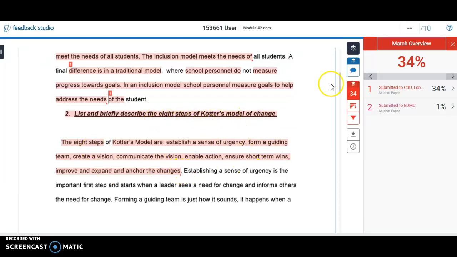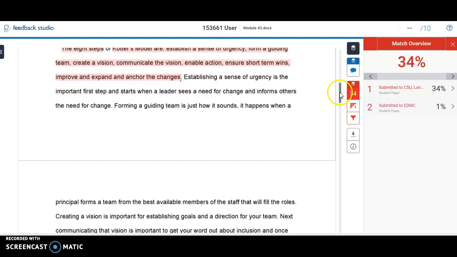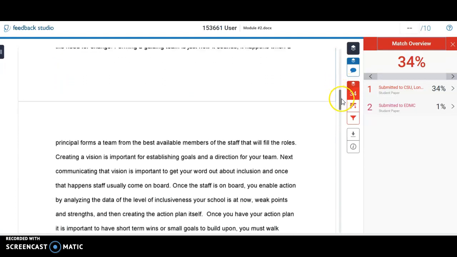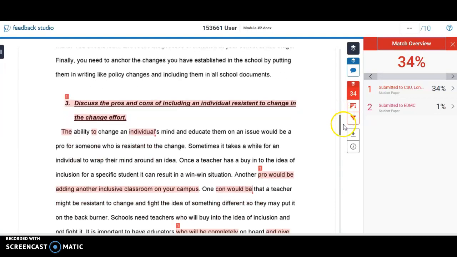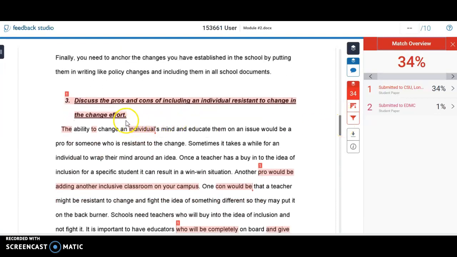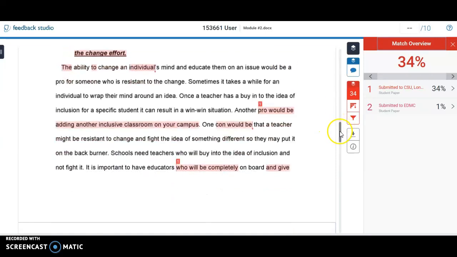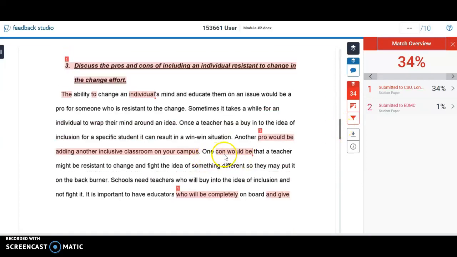Here's the 8 steps. That's the answer. Then I went and established every one of the 8 steps. Then discuss pros and cons of including an individual resistant to change. The two individual, those are used by other people. Yes. Con would be, pro would be.